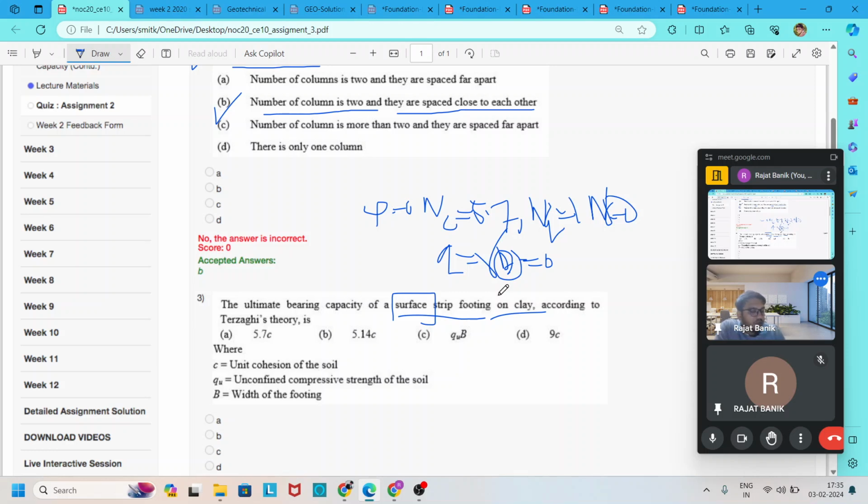So the remaining part is qu equal to c Nc, and the Nc value for Terzaghi is 5.7. So it becomes 5.7 c, and our correct option is option A.